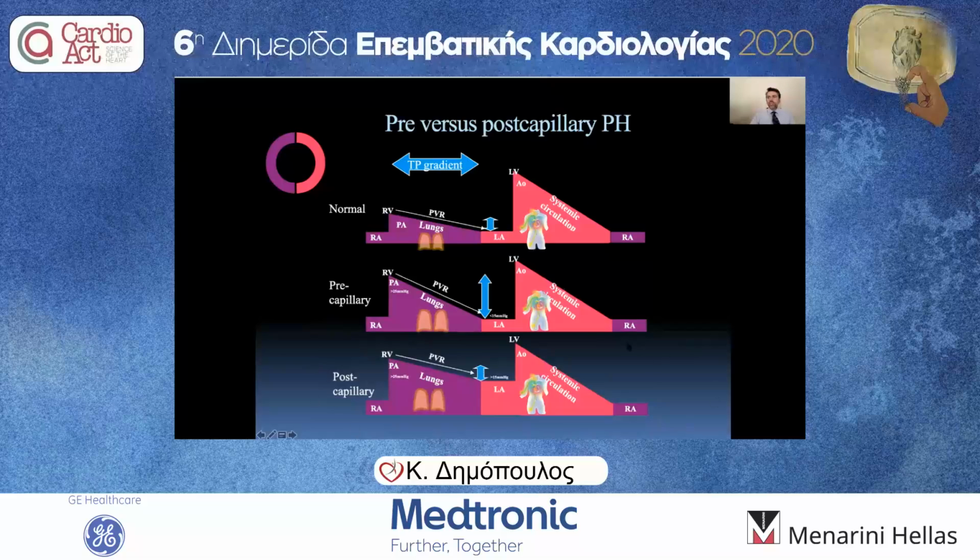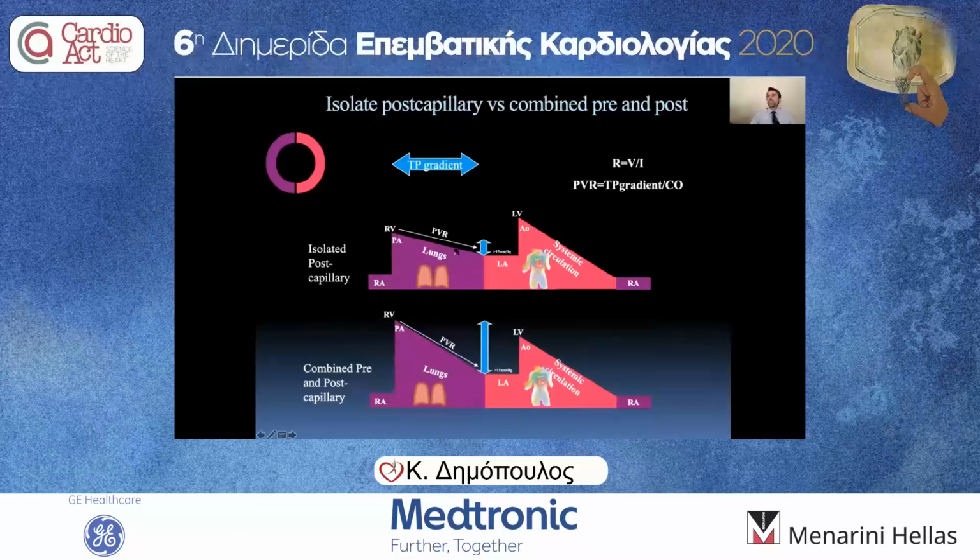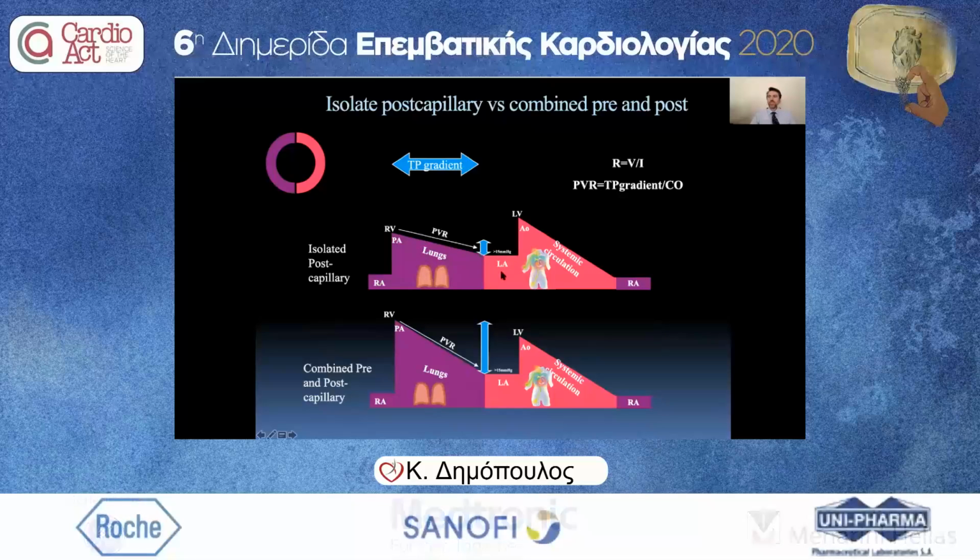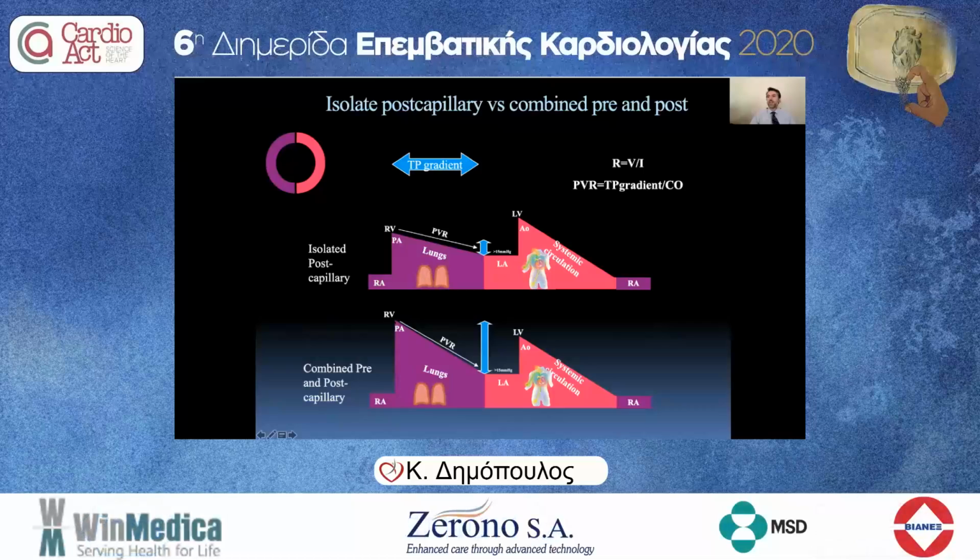Now, it's not always like this in postcapillary pulmonary hypertension. You can have isolated, which is the way I showed it to you, so a low transpulmonary gradient. So the raised PA pressures are due only to the rise in left atrial pressure because of, let's say, mitral stenosis. Or you can have combined pre- and post-capillary pulmonary hypertension, where the pressures are very high, both due to a rise in left atrial pressure, but also to a rise in pulmonary vascular resistance.